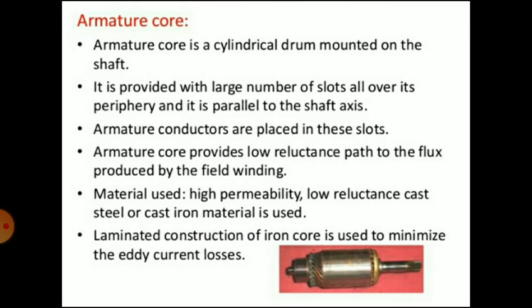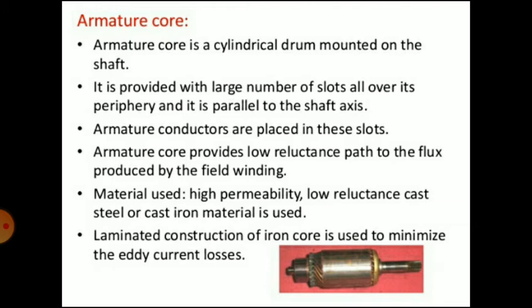Then the armature core. The armature core is a cylindrical drum mounted on a shaft. It is provided with a large number of slots all over its periphery, parallel to the shaft axis. Armature conductors are placed in these slots.